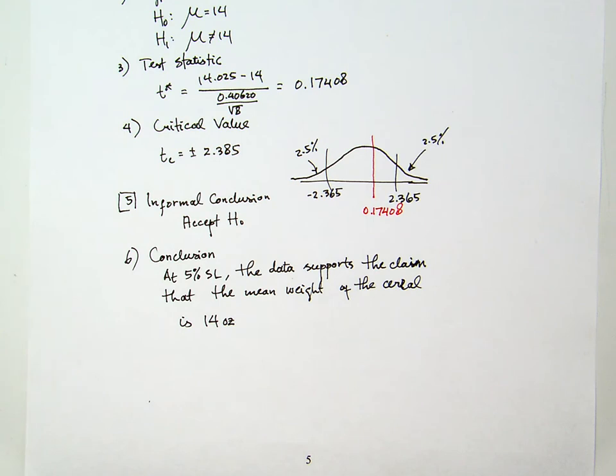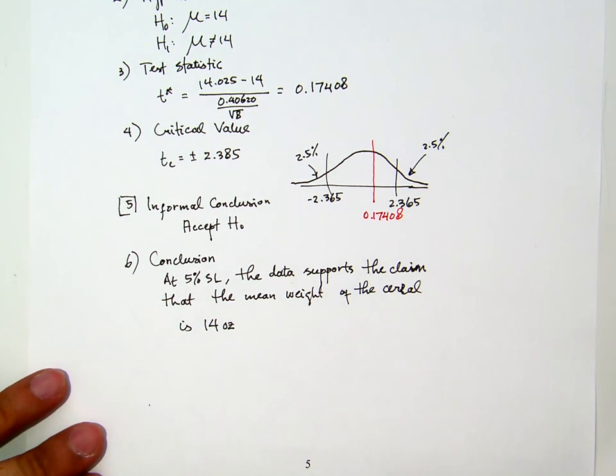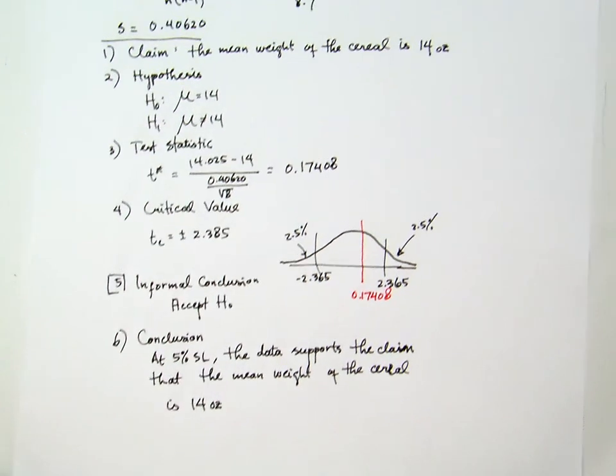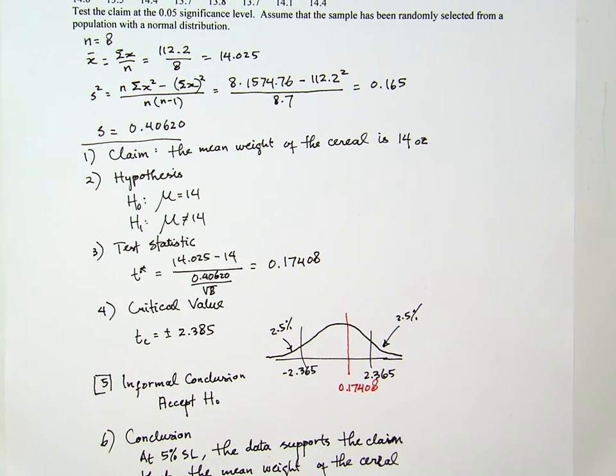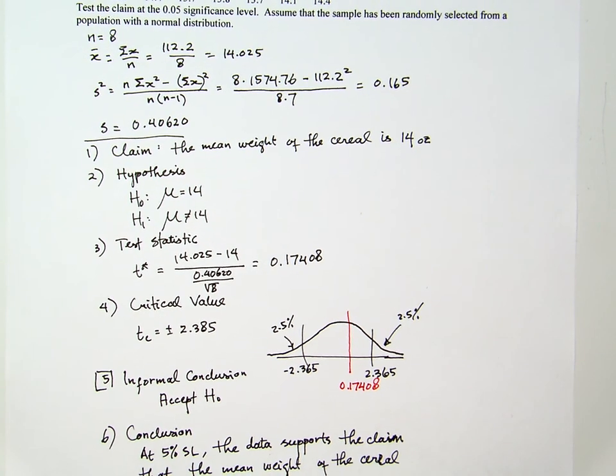Okay. Now if we want to follow our textbook, then our textbook will say at 5% significance level, the data is sufficient to support the claim, or maybe they say fail to reject the claim that the mean weight of cereal is 14 ounces. Okay, they use the phrase fail to reject maybe. But we don't really need to follow the book, that the conclusion has to be said that way.